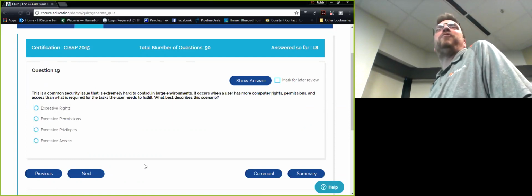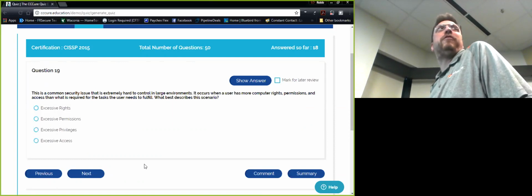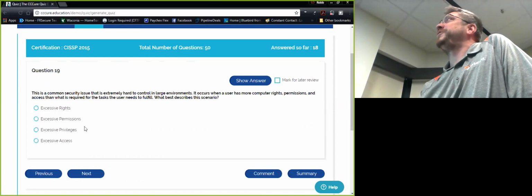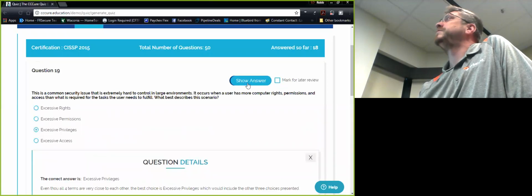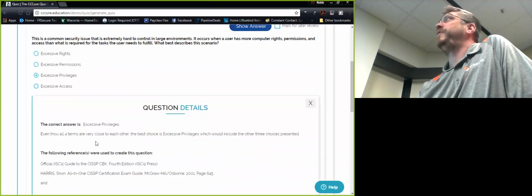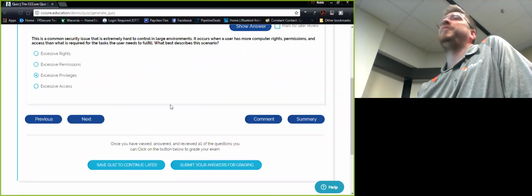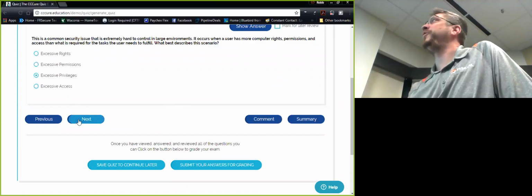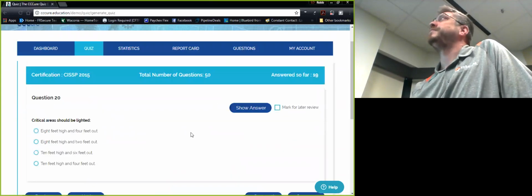This is a good example where you could argue all of them are correct, so you have to pick the most correct answer. I would go with privileges because it does include rights, permissions, and access. They're very close, but privileges would include the other three choices. So you have to know which one is the most correct.